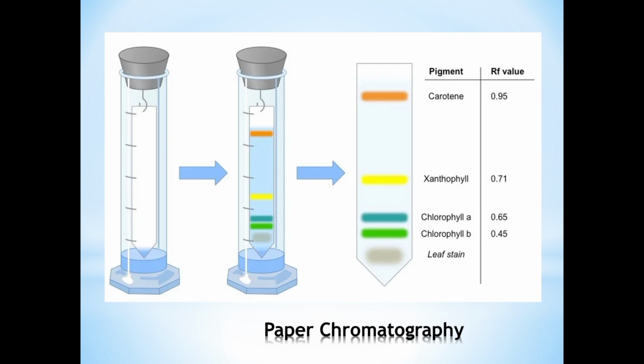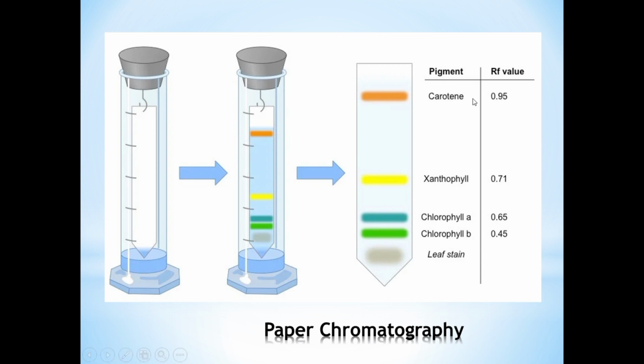In this diagram, you can see various types of photosynthetic pigment, chlorophyll A, chlorophyll B, xanthophyll, and carotene, present in the plants. When we prepare a solution from it, the mixture is placed within the graduated cylinder, and with the help of a paper, the various photosynthetic pigments move within the paper.